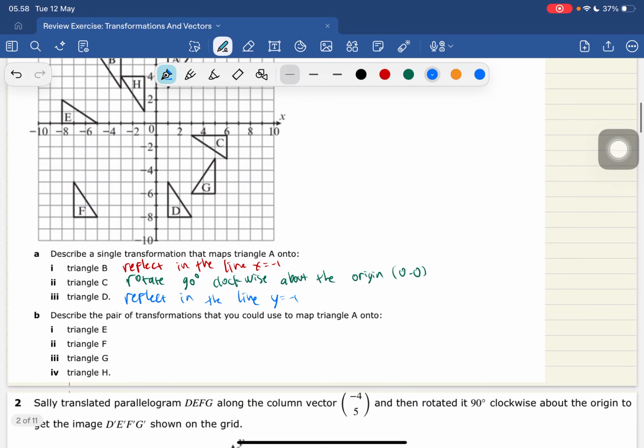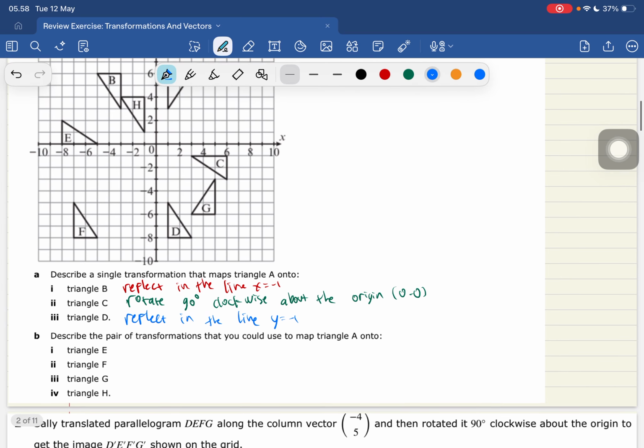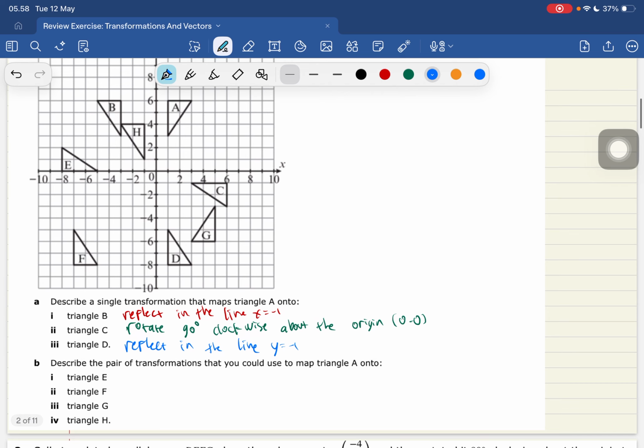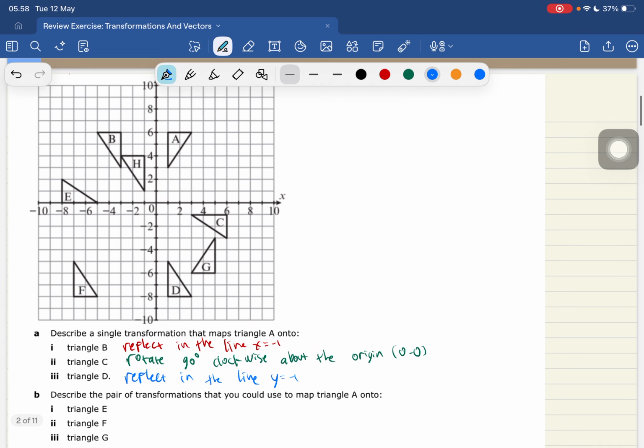Okay, continue to B. Describe the pair. This is more than one single transformation, so there are two transformations that you could use to map triangle A to E. Okay, A to E. First, as we can see, they rotate 90 degrees anti-clockwise.